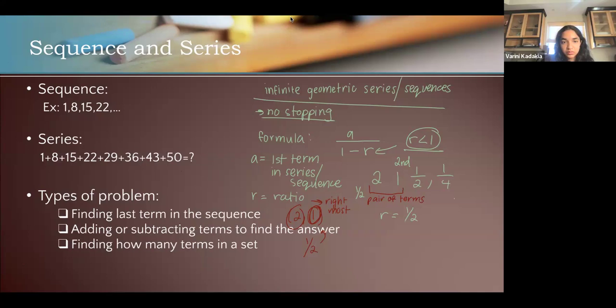I don't understand the A. A is gonna be the first term. So if I have the series 2, 1, 1/2, 1/4, A will be 2. It's your first term.